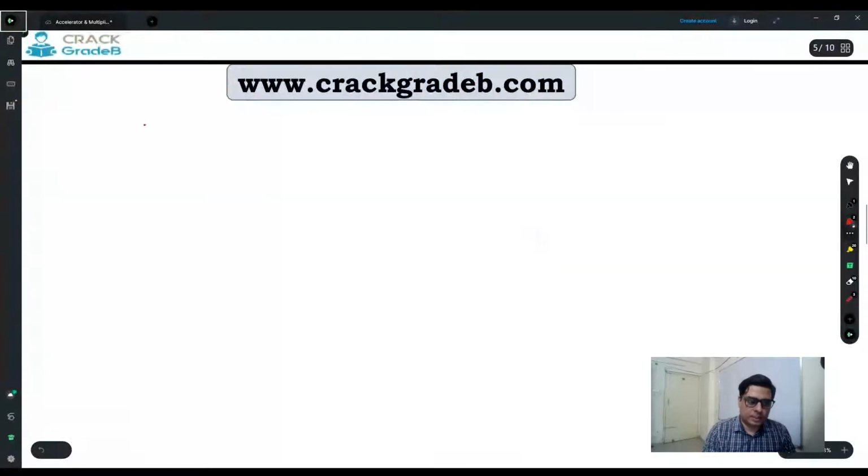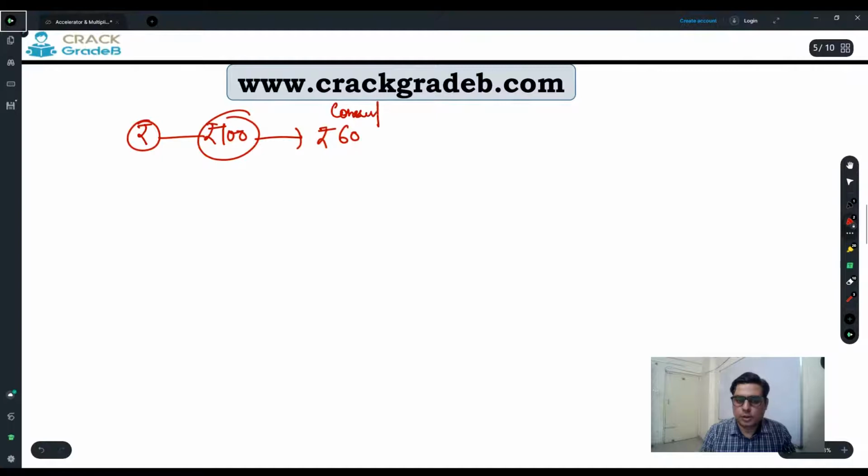So just giving another example to give you proper clarity. 100 rupees is my increased income. Okay. 100 rupees is my increased income, 60 is consumption and 40 is savings.